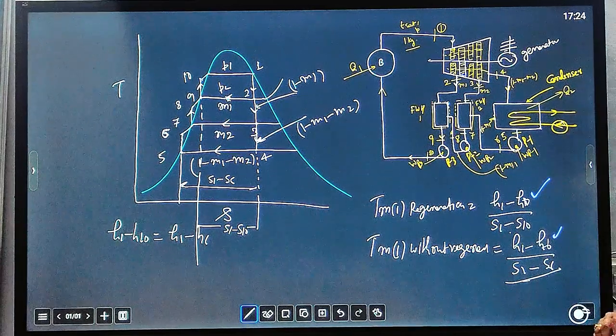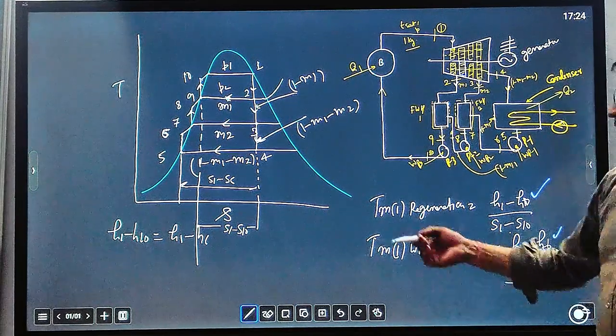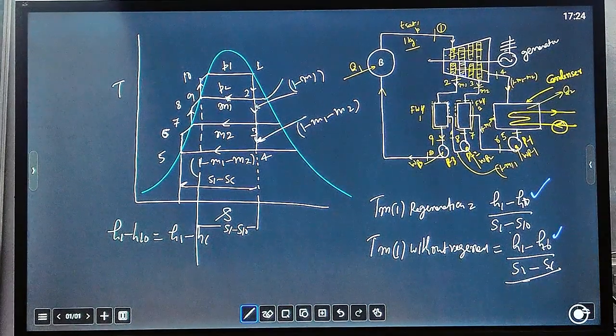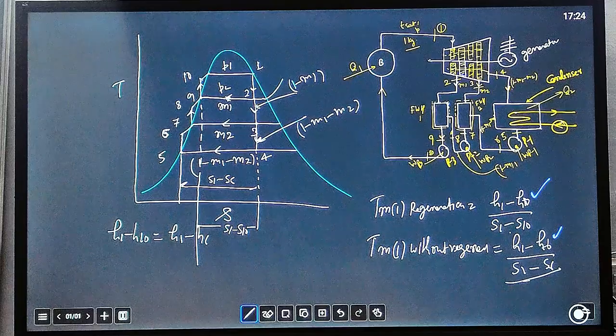So T mean with regeneration increases, you can see from the graph. T mean with regeneration is higher than T mean without regeneration.